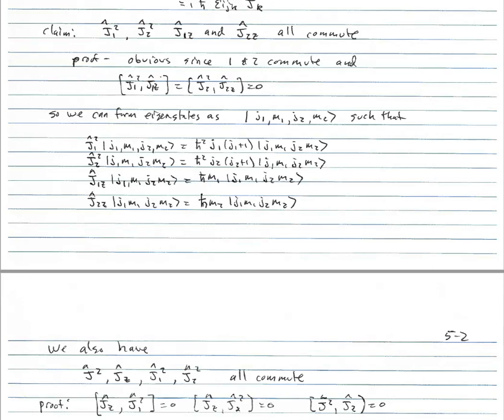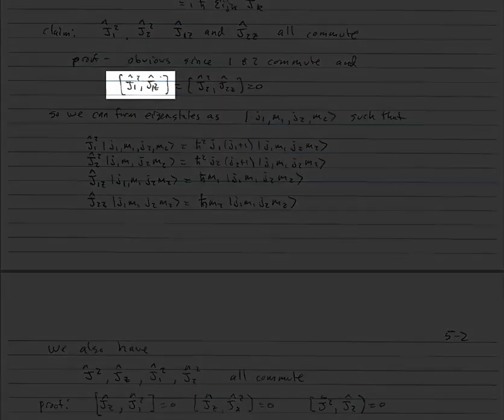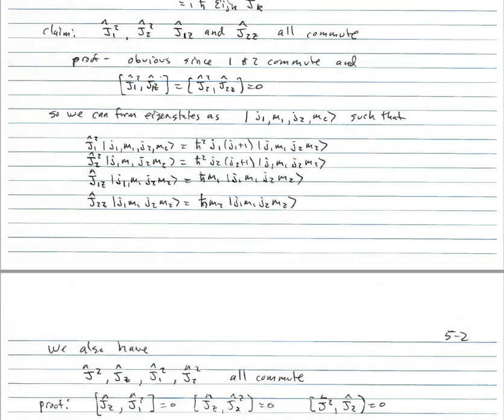So if I look at the J1 squared operator, the only thing remaining that I have to verify it commutes with is J1z. But we know J1 squared commutes with J1z. That's one of the properties of angular momentum. And if I look at the J2 squared operator, the only thing that doesn't obviously commute with is the J2z. But again, we know J2 squared commutes with J2z. And so this means that all possible pairs of operators in that set of four operators, they all commute.